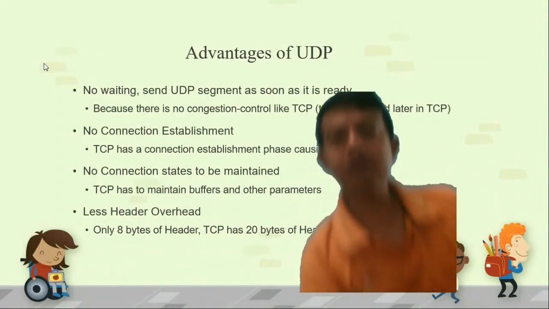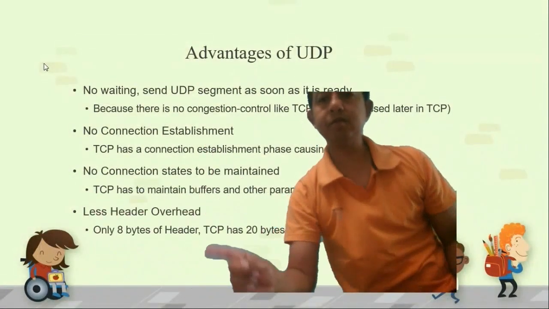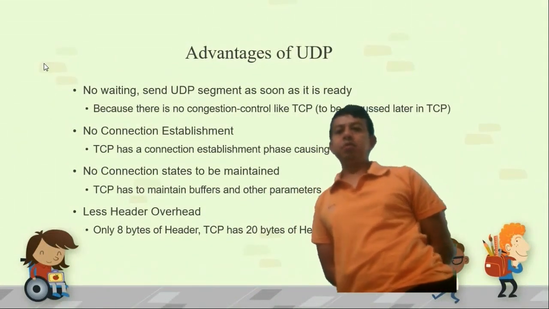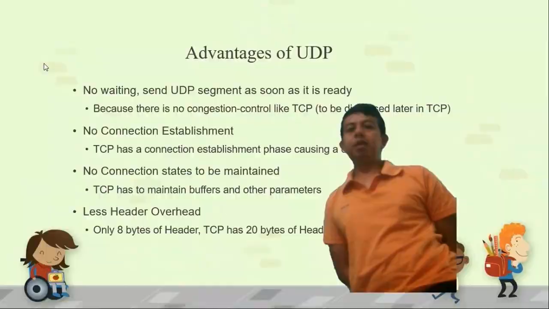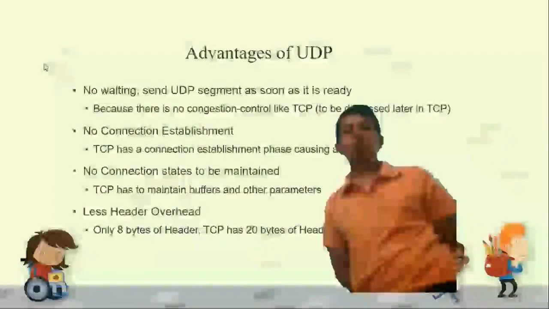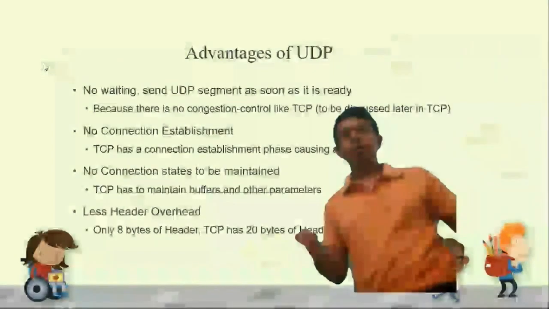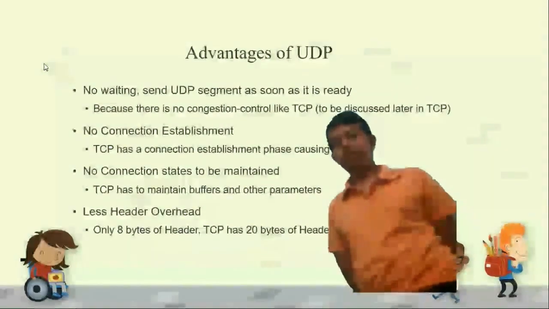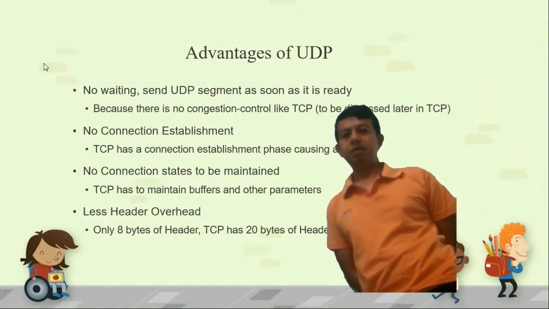And finally, less header overhead. We see that both TCP and UDP insert some header information in the segments. We have already seen some of the header information, source port and destination port. Now, the amount of header information in UDP is much less than in TCP.